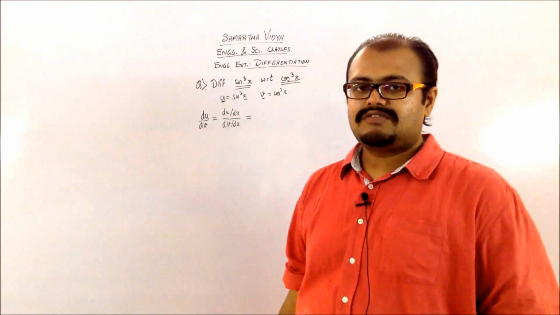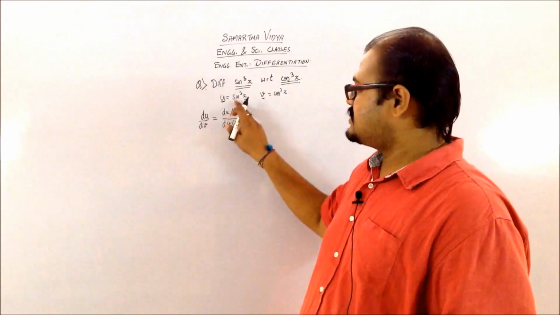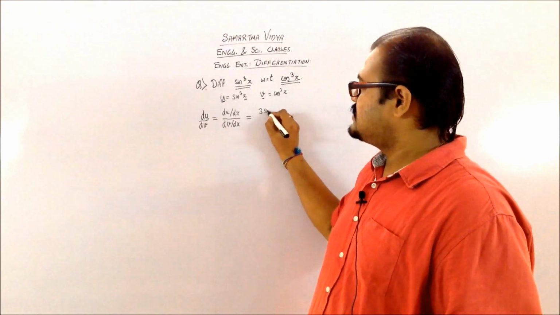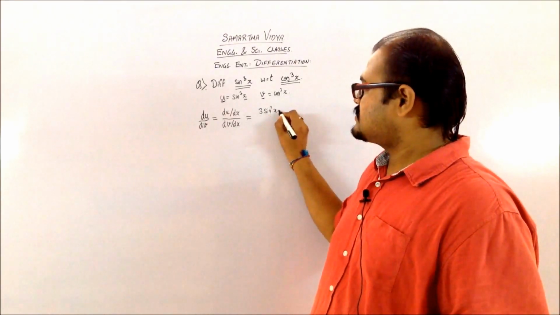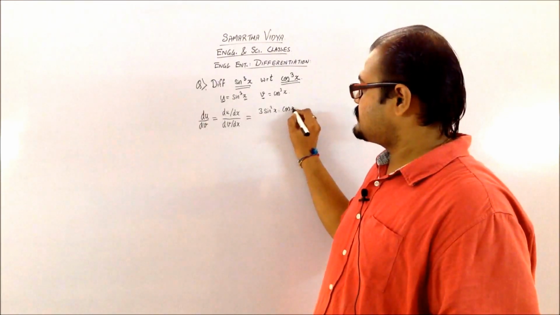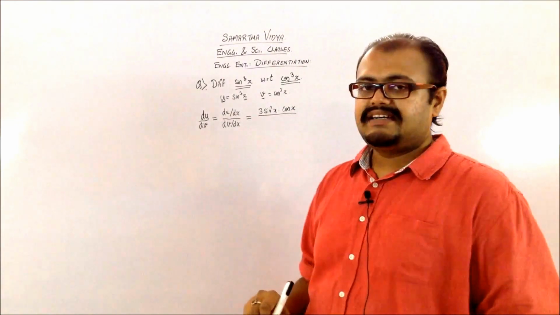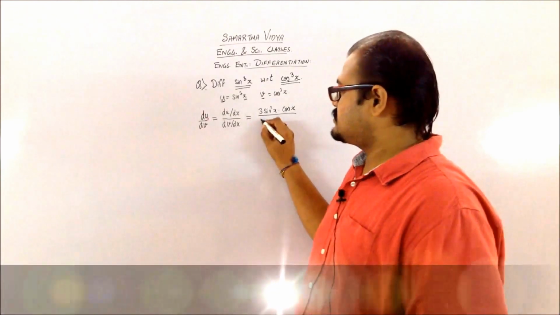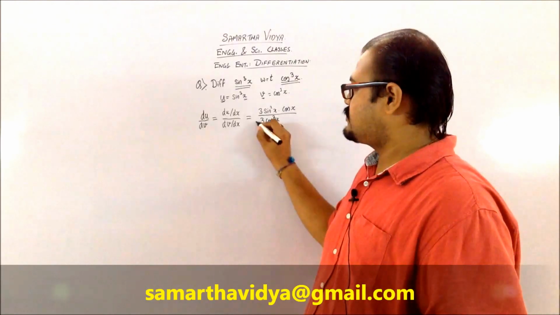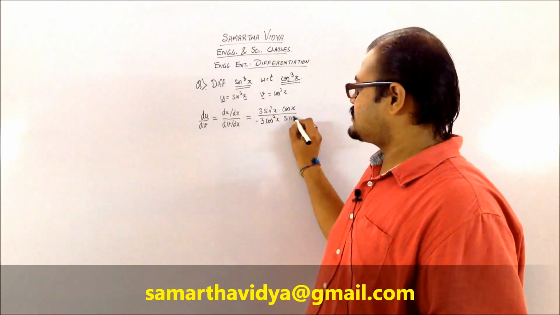The derivative of u with respect to x is 3 sine square x into the derivative of sine x, which is cos x. This is divided by the derivative of cos cube, which is 3 cos square x into the derivative of cos, which is minus sine x.